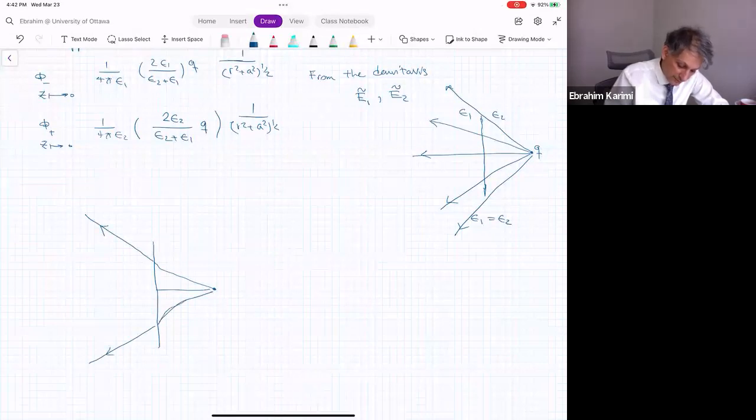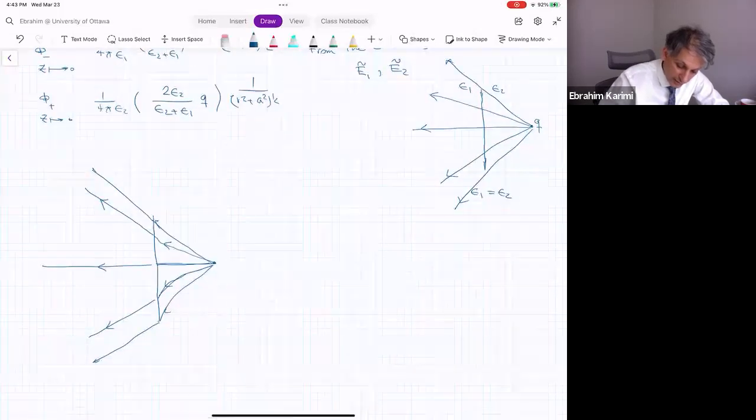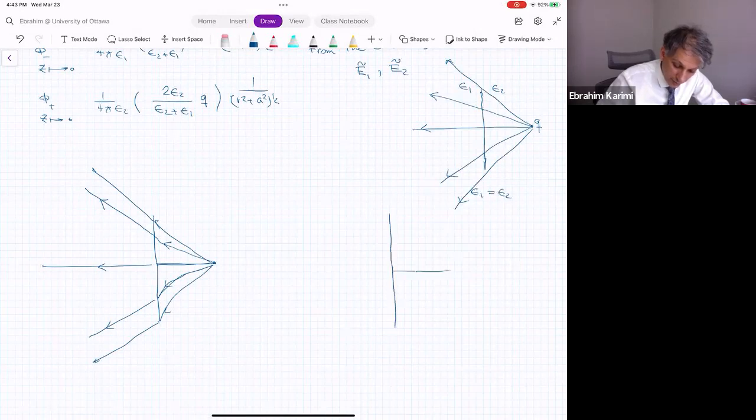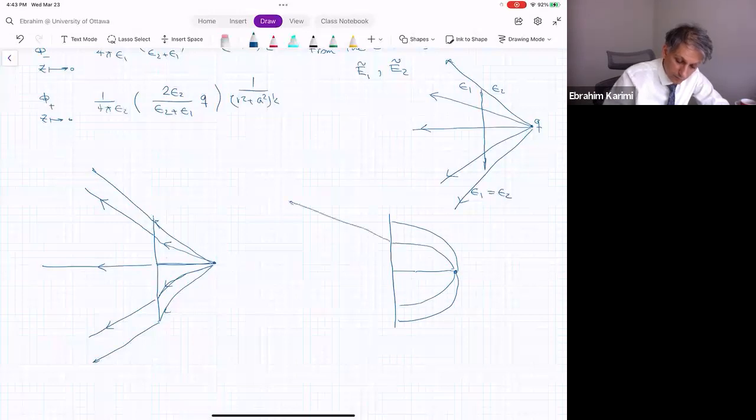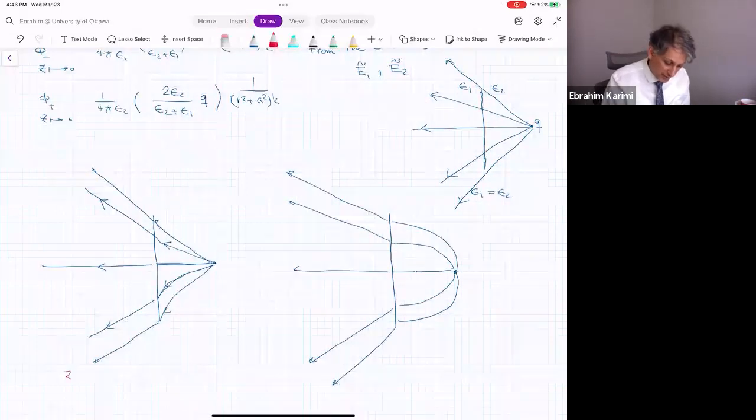So here it is bent negatively, guys. Or for the other scenario, if you have the charge here, if you look at the field, it seems that outside, which is Z negative, for all cases you will see it like a point charge.